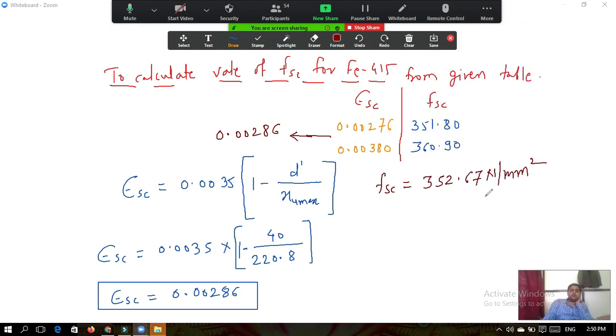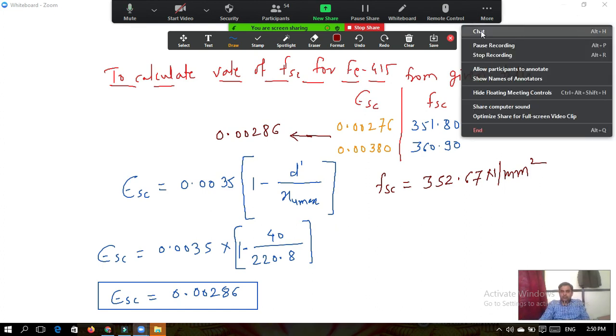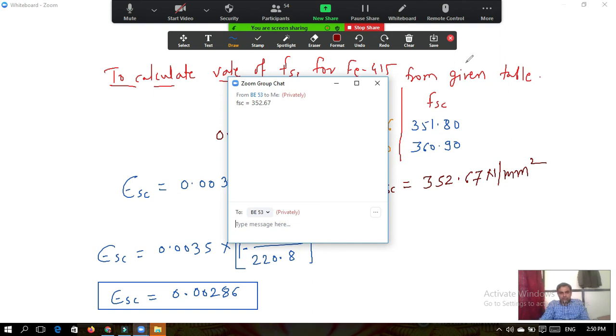So the answer is 352.67. I think so. Check it now. I also solved it on the calculator. You check the answer. Yes, sir. Answer is correct. Okay, so the first answer, who has given the answer, that answer is correct. 352. So that answer is correct.